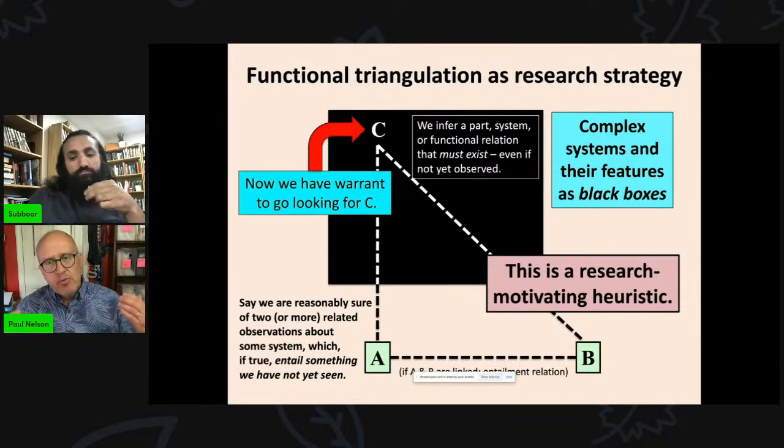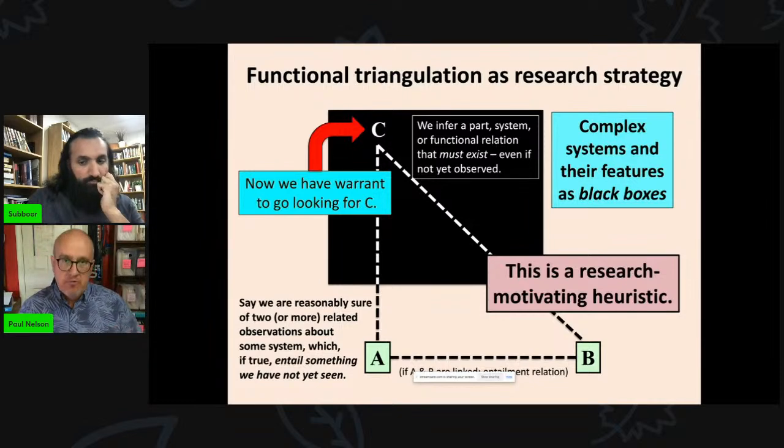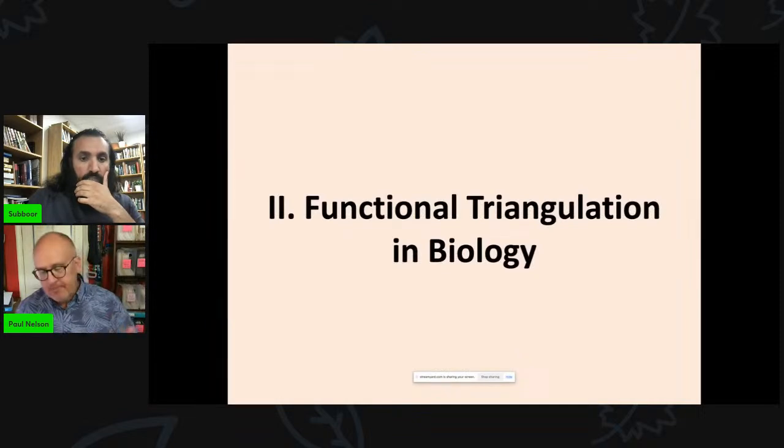So you want heuristics that are reliable, that tell you, you know what, you're not going to waste your time if you go looking for C, because you're sure of A and you're sure of B, and you know that these facts have a relation to each other. Very probably C is there, and that warrants or underwrites the search, the research, the going to look for it. All right, so that's the basic notion of functional triangulation.